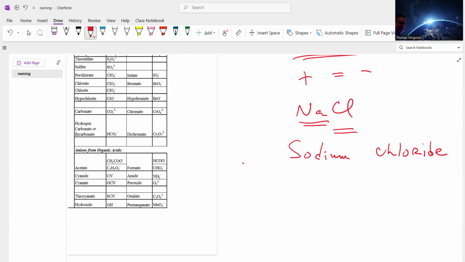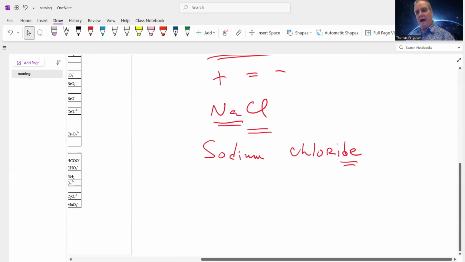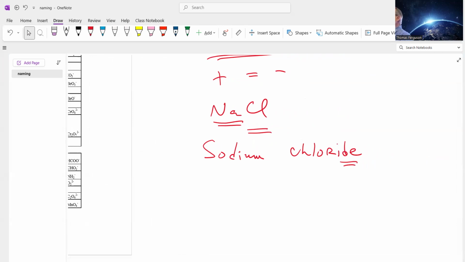That means it has extra electrons. Okay, so when you're writing this, make sure you have the "ide" part. The "ide" connotes an anion. Okay, so if we had everything as simple as sodium chloride, this would be a very short lecture. But unfortunately, everything is not like sodium chloride.